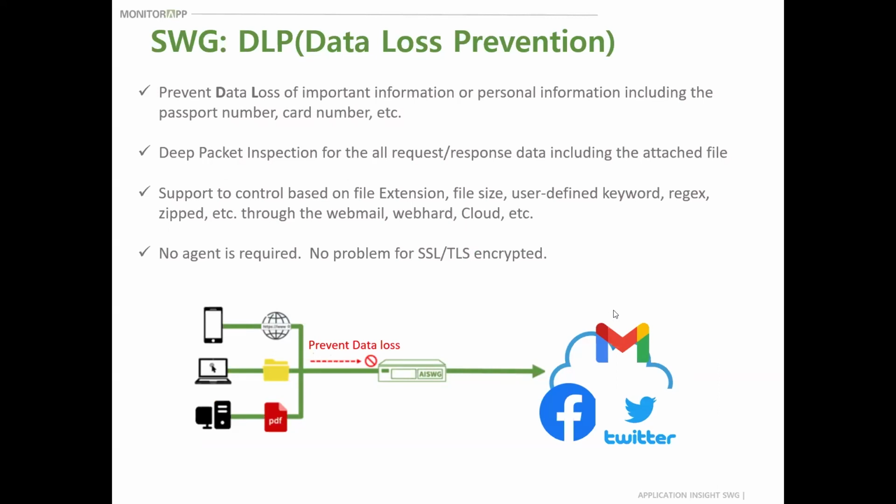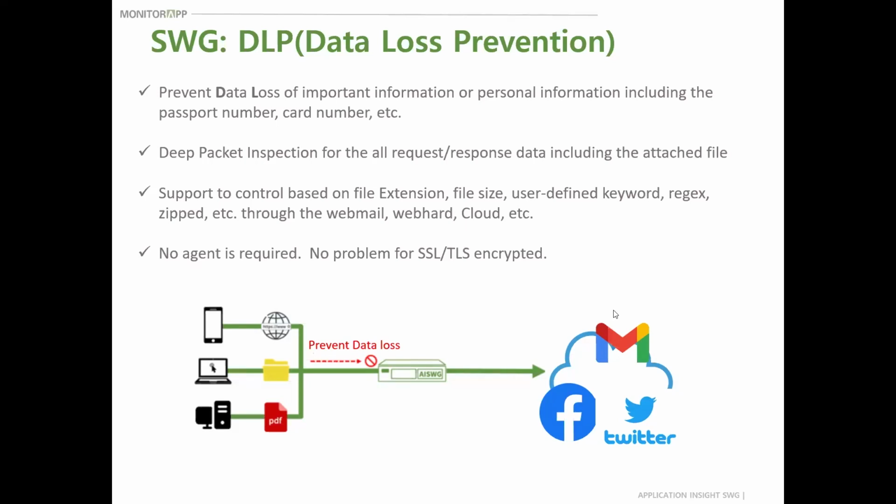And the next topic is data loss prevention, DLP. Do you have any concern about downloading or uploading content containing personal information or critical information such as revenue or a customer list? Since SWG inspects all the inbound and outbound data, including attached files, it provides a simple and easy solution for this.